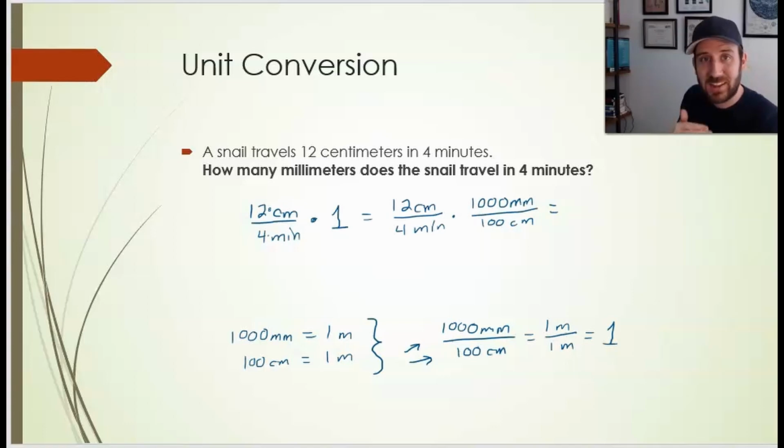Now this is going to change its appearance, but it won't change the meaning because I'm only multiplying by the idea of 1, and multiplying by 1 keeps the meaning the same.